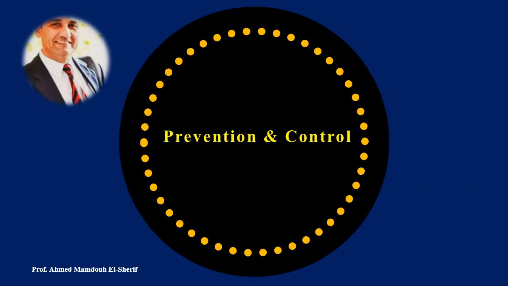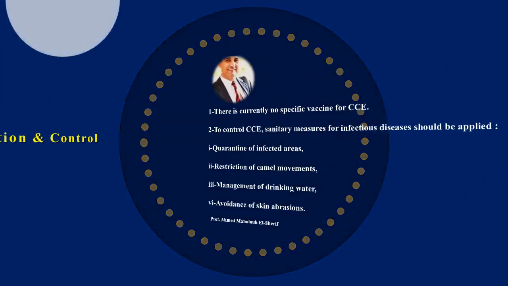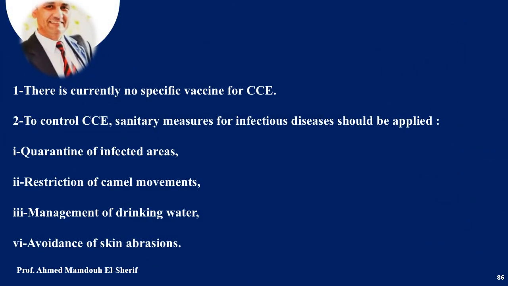Prevention and control. There is currently no specific vaccine for camel contagious ecthyma. To control it, sanitary measures for infectious diseases should be applied as follows. Number 1, quarantine of infected areas. Number 2, restriction of camel movements. Number 3, management of drinking water.